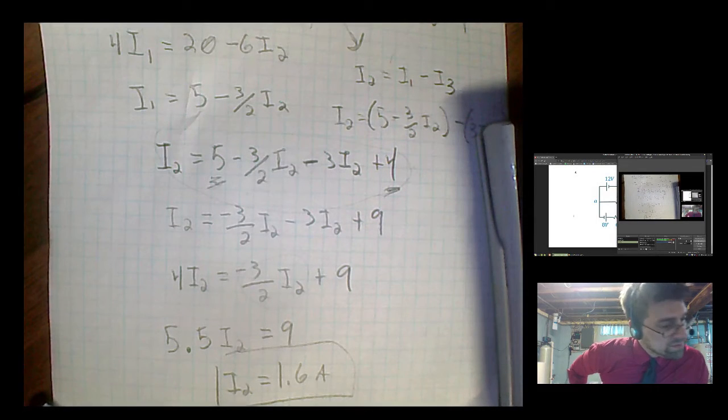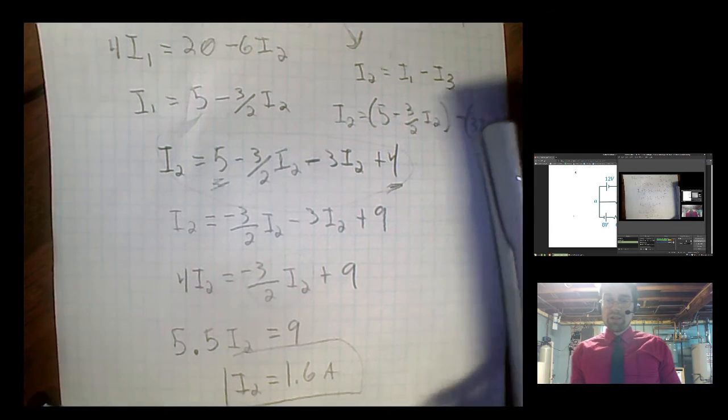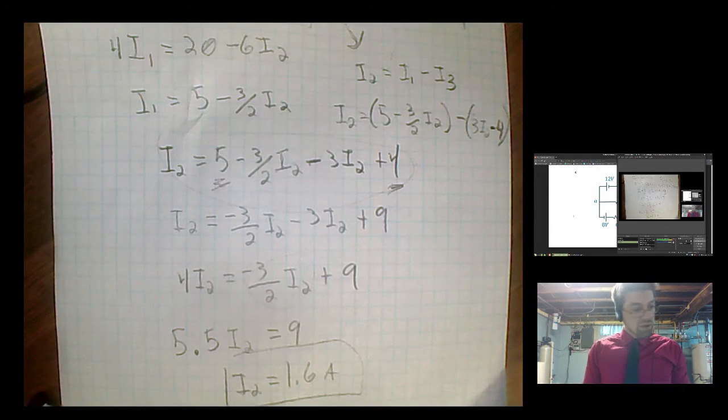Okay. Good, good. Now let's find an expression that has I2 in it, because it's got a numerical value now, and that'll help us knock out another one of these.